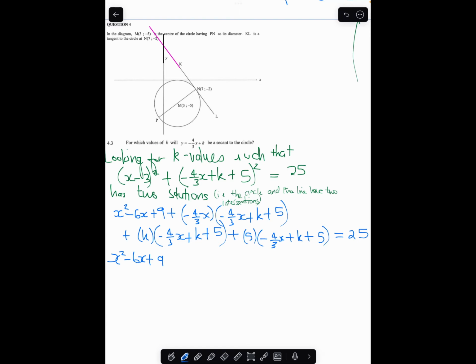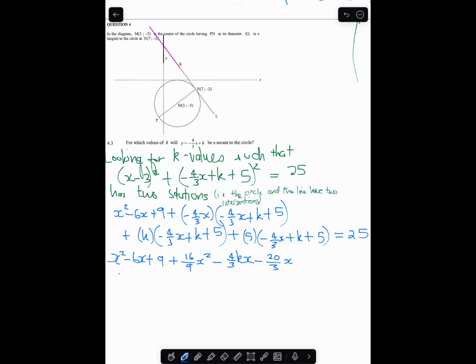Anyway, so negative times negative gives us positive 16 over 9 x squared minus 4 over 3 k x minus 20 over 3x.